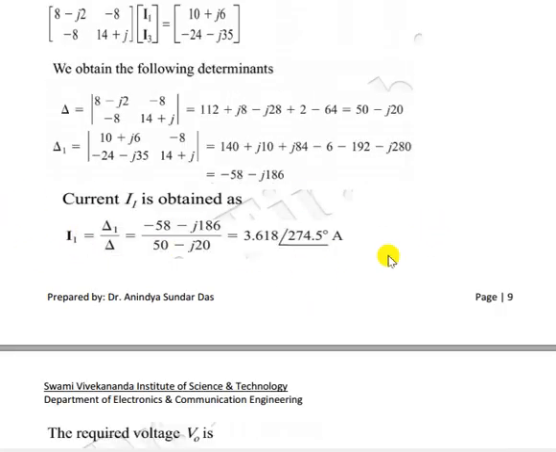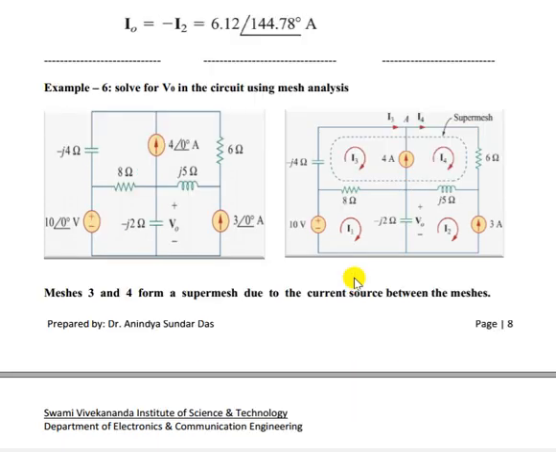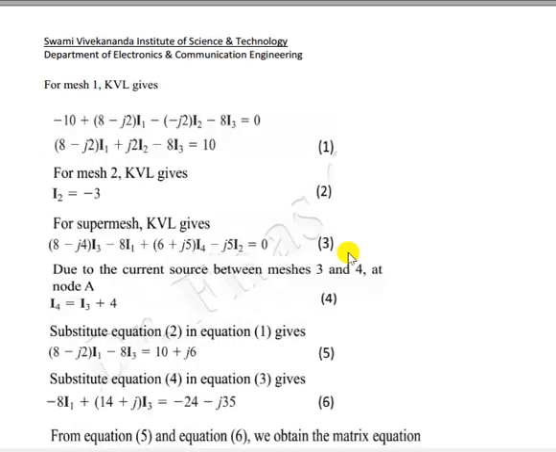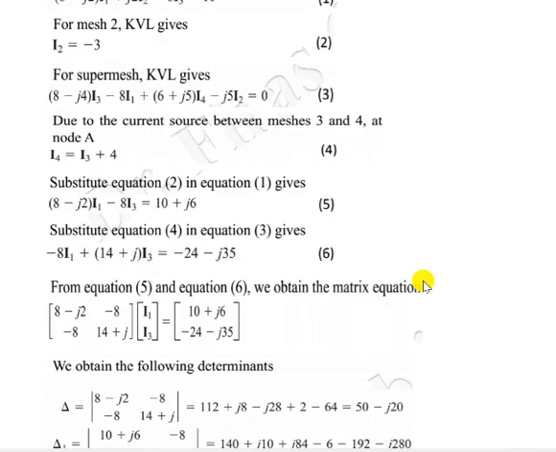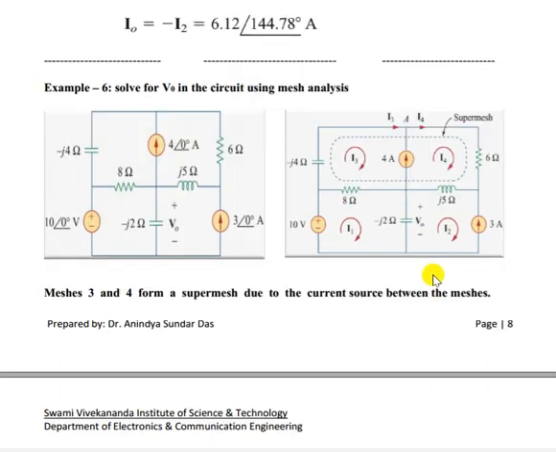Now, if you find out I1, okay, I2 value is known, minus 3 ampere. So voltage drop across this capacitance will be what? I1 minus I2, okay, into minus J2. That is minus J2 into I1 minus I2 is the V0. Okay. Since this is simple Ohm's law, we are applying Ohm's law.